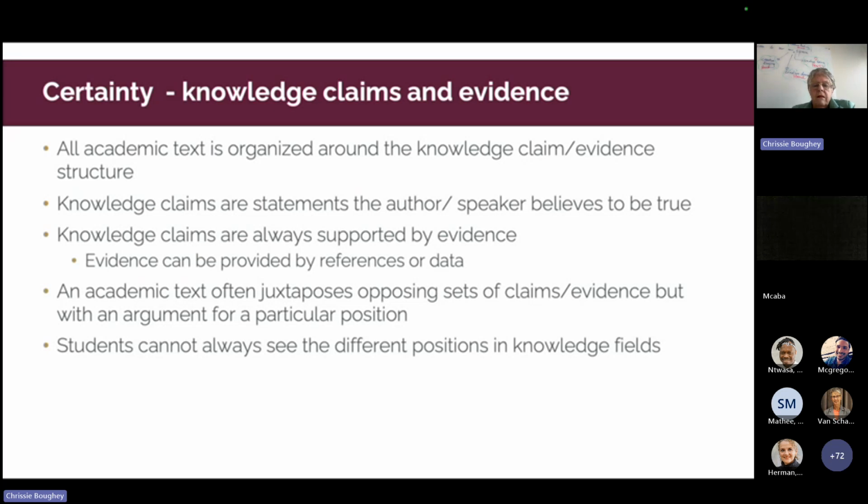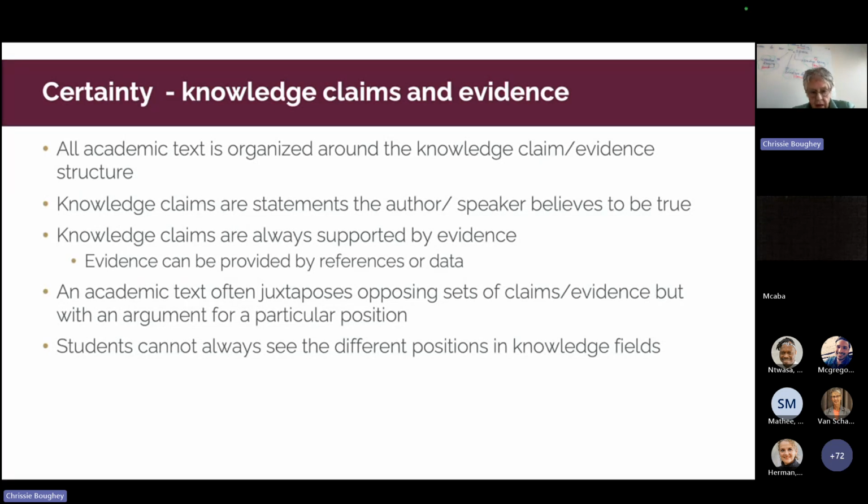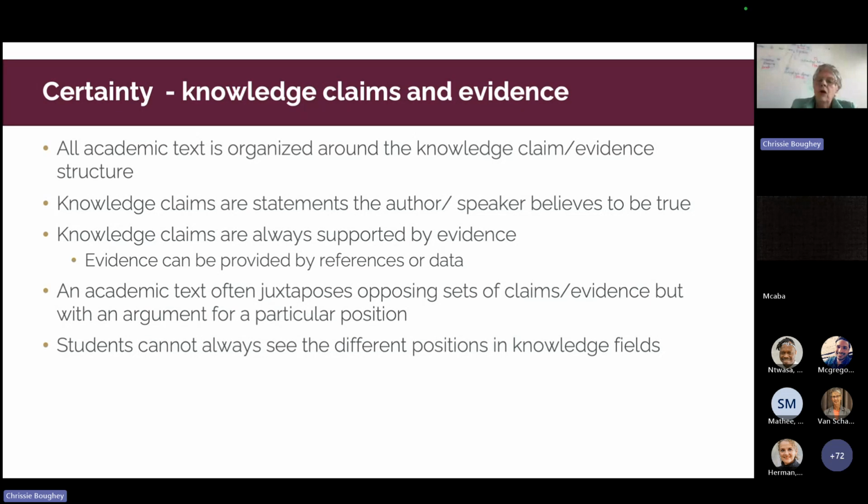If you think about the kind of knowledge we're interested in at the university, this vertical discourse, all the texts we produce, whether spoken or written, are organized around what I call the knowledge claim evidence structure. Knowledge claims are statements the author or the speaker believes to be true.